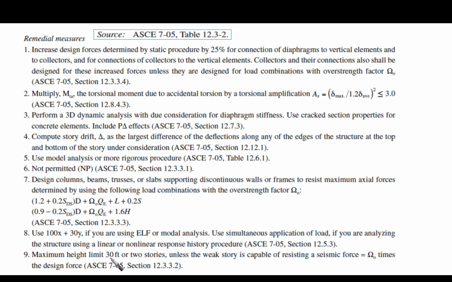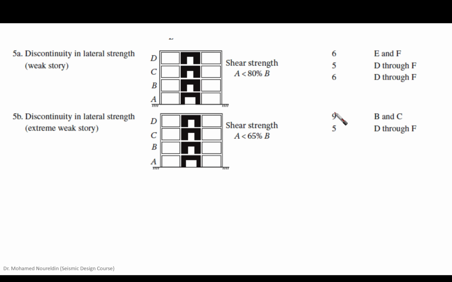Maximum height limit, which is 30 feet or 2 stories, unless the weak story is capable of resisting a seismic force equal to the overstrength factor times the design force. So this means that we need to limit the height here. For the extreme weak story we need to limit its height.